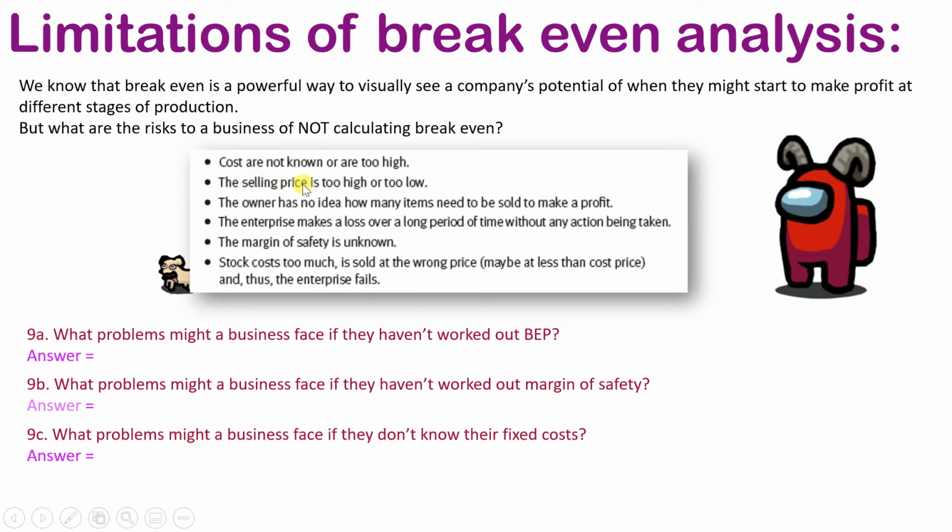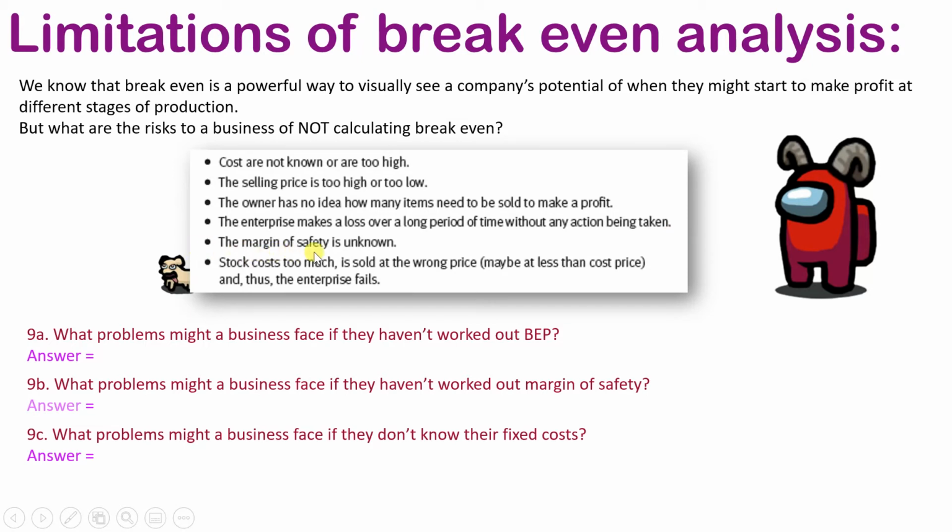We've got costs are not known or are too high. The sales price is too high or too low, so it's an ineffective pricing strategy. The third one, the owner has no idea how many items need to be sold to make a profit, and the enterprise makes a loss over a long period of time without taking any actions to resolve the situation.